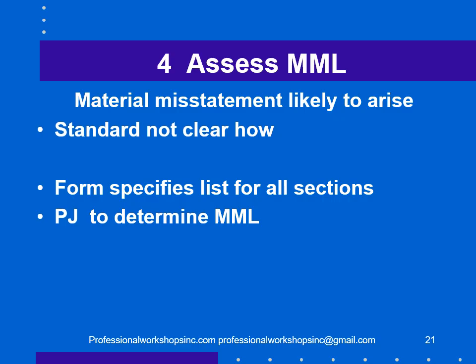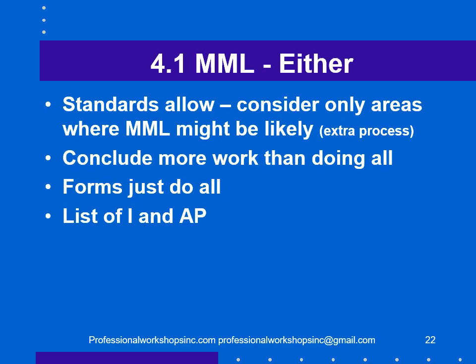And then having done all that, you use professional judgment to determine if material misstatement is likely. Now standards allow, and I don't quite know how to do this, that you only have to consider areas where material misstatement might occur. And I don't know how you figure that out. And whatever that process is, that's inquiry and analytical procedures, another step?